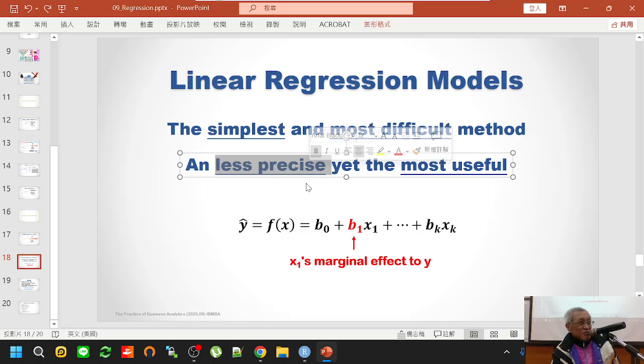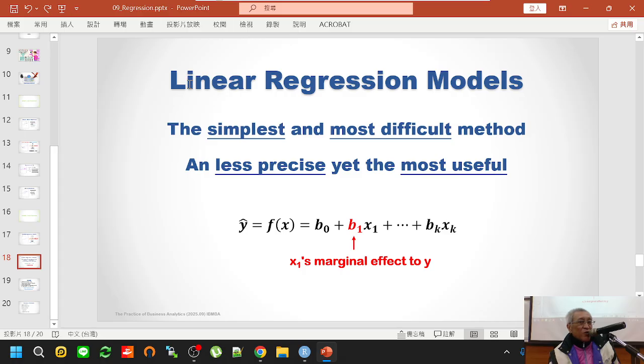Accuracy would be better. Actually, not much better, maybe better by 5% or something like that, right? So if you care about accuracy, you can choose to use the machine learning model.